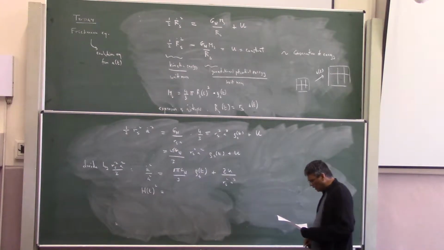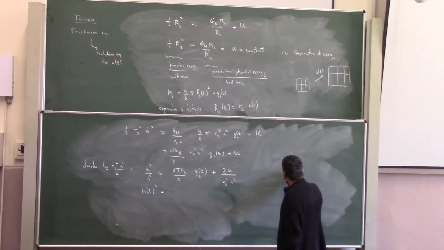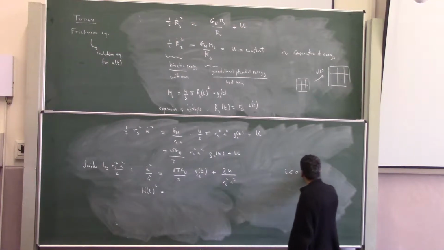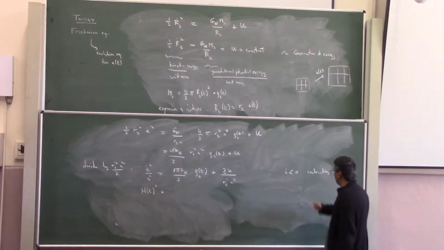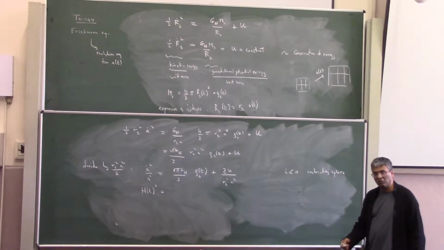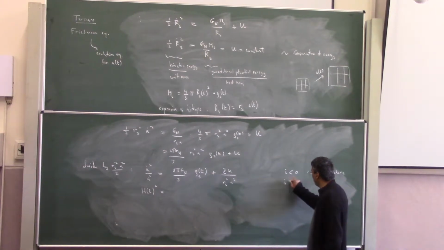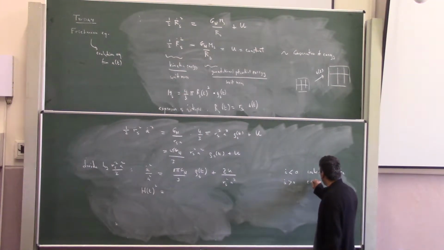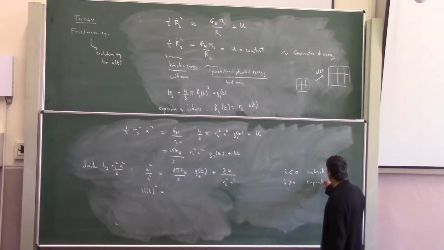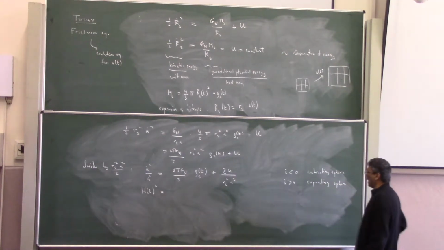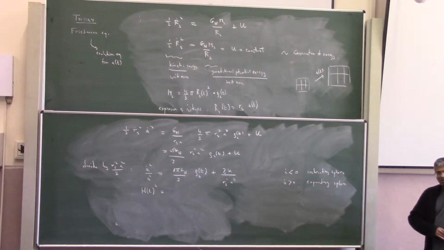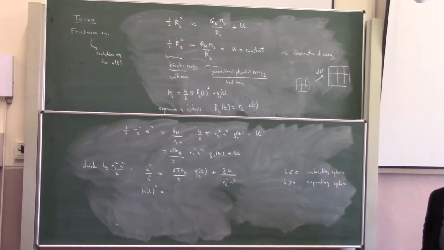A contracting sphere corresponds to A dot less than 0, and these would be equations describing a collapsing universe, whereas A dot greater than 0 is an expanding sphere. This corresponds to our universe, since we observe expansion.